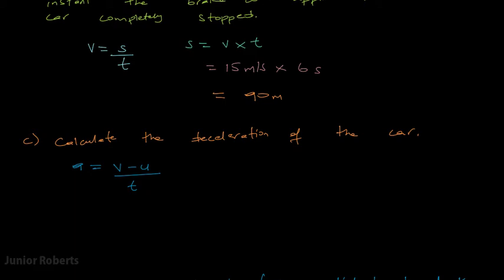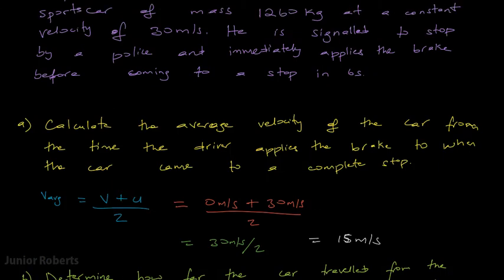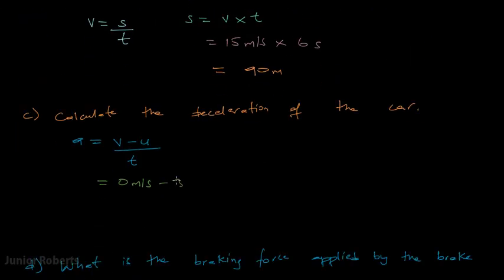In this case, our final velocity would be 0 meters per second, and our initial velocity would be the velocity when the brake was applied, which was 30 meters per second, and we divide by the time taken for the car to stop, which was 6 seconds.